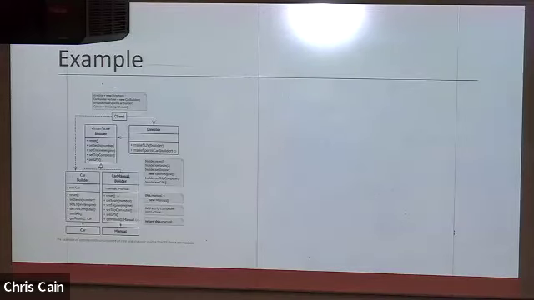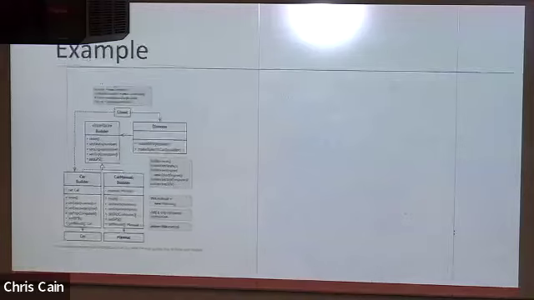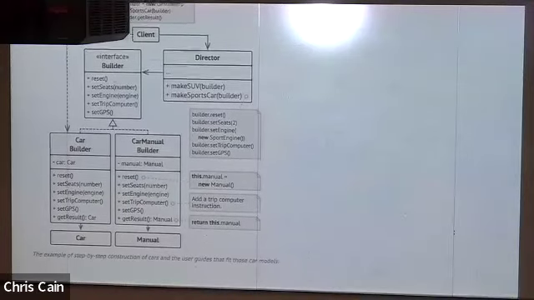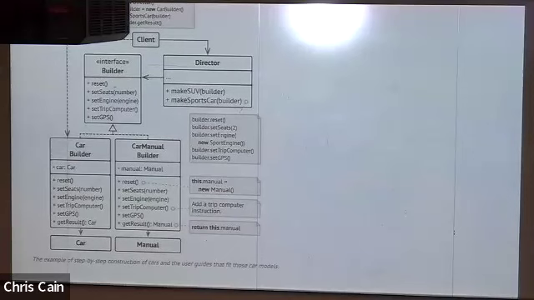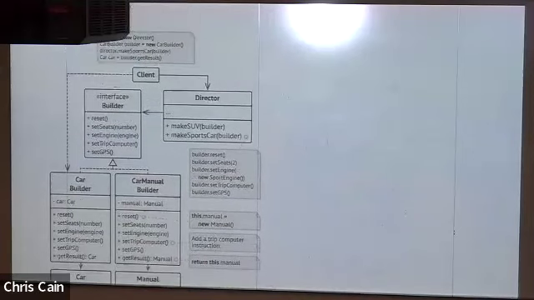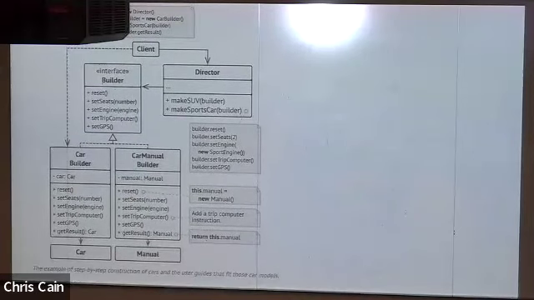Let's go through an example. This has the car builder and the car manual builder again, because this is such a good example. So the client, in this case, wants to make some kind of car, and the director knows a couple of different ways to make a car.